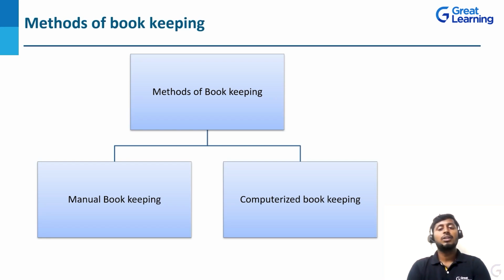When it comes to the modern method, that is computerized bookkeeping, here all the transactions will be recorded through computers. Nowadays we have Tally. In Tally all your subsidiary books will be there, and we can easily record there only. So there is no need to record manually. So these are the two methods of bookkeeping.